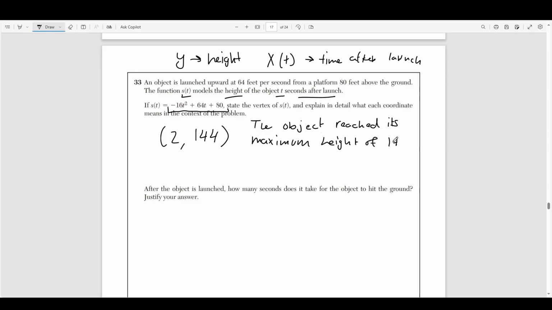Well, 144 feet, 2 seconds after it was launched. And that's all you need to say here, right? This 2 means that after 2 seconds, it reached 144 feet in the air. But what makes this point special is that it's the maximum. And because it's the maximum, this is the highest that it will ever go. Okay, so as long as you reflect that, you will be okay.